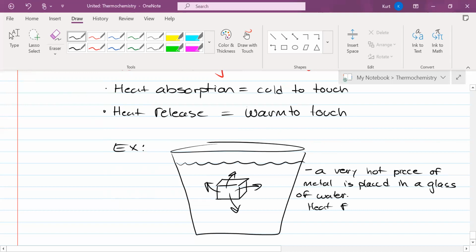Heat flows from the metal to the water. So as this goes on, what is happening to the temperature of the metal? Is it increasing, is it decreasing, or is it staying the same? The metal is going to decrease in temperature. What will happen to the temperature of the water as this continues? The temperature of the water will increase.